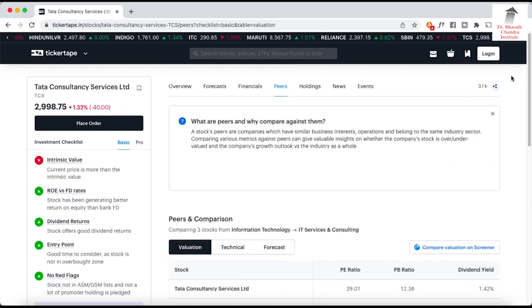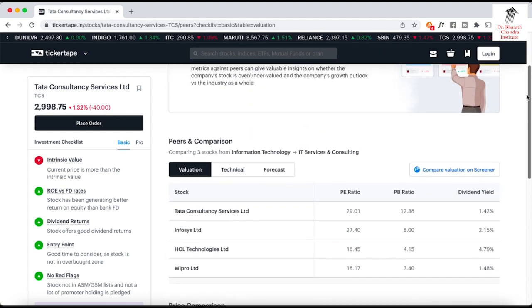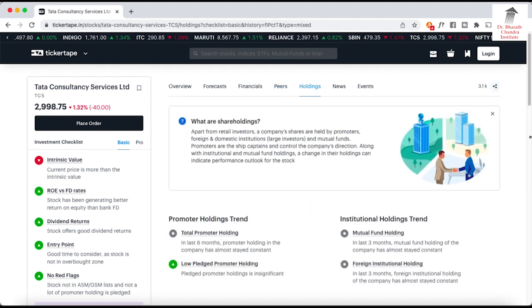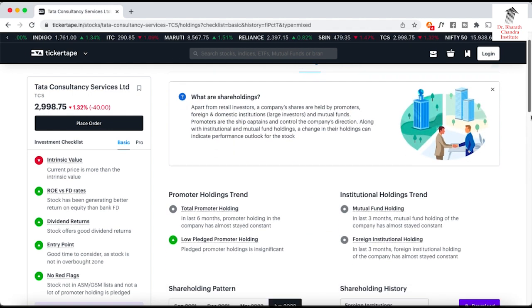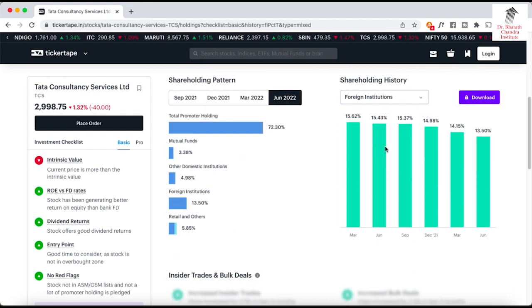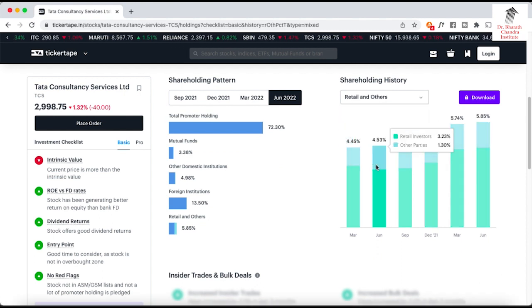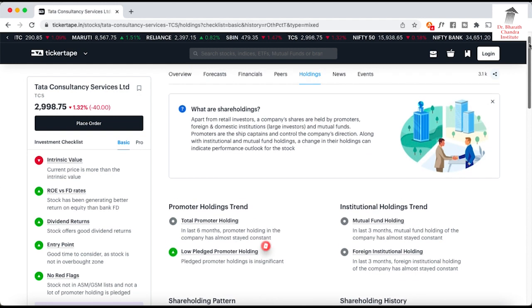Peers also you can see here, they give the competing companies in this sector. Holdings: which category is holding how much, and over the period what the holdings are, everything is given. Here you can see the figures for institutions. Suppose I want something else, I click on retail, then retail shareholders, everything is given very clearly.